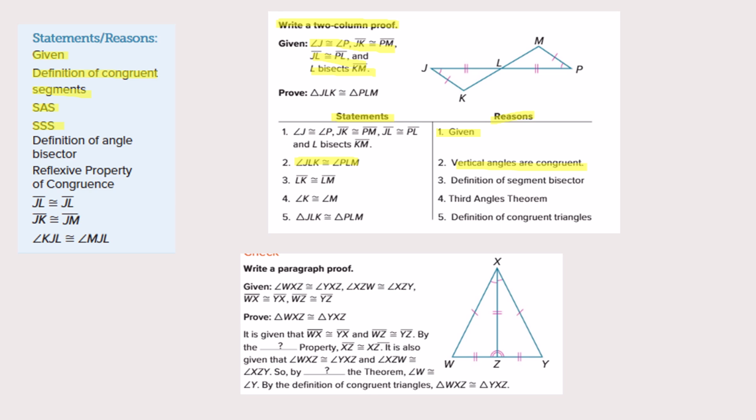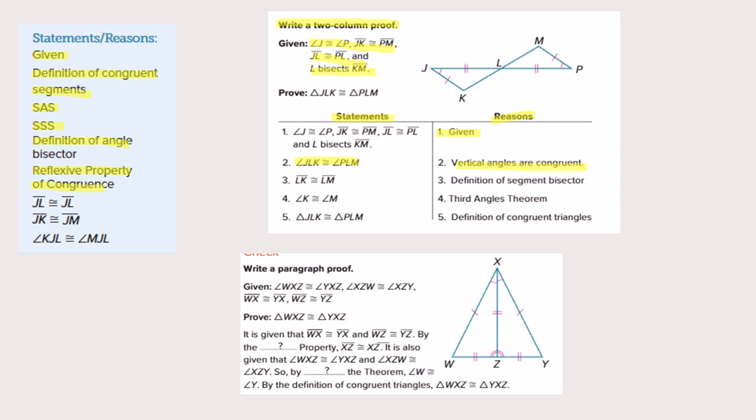Then we also have definition of angle bisector, reflexive property of congruence, or line segment JL is congruent to line segment JL.